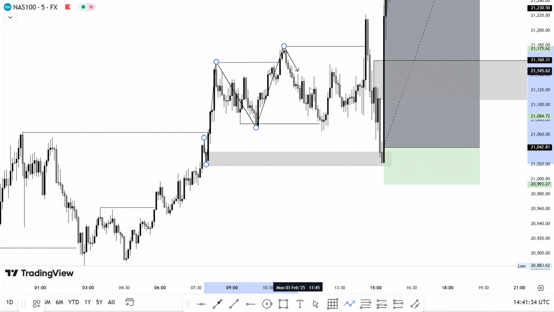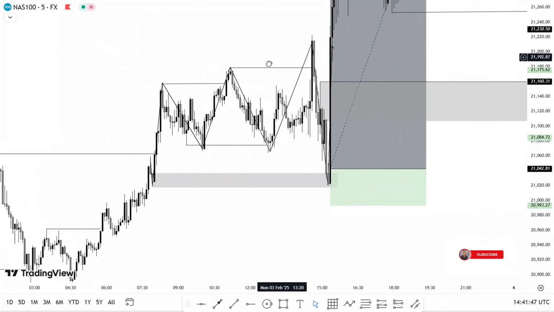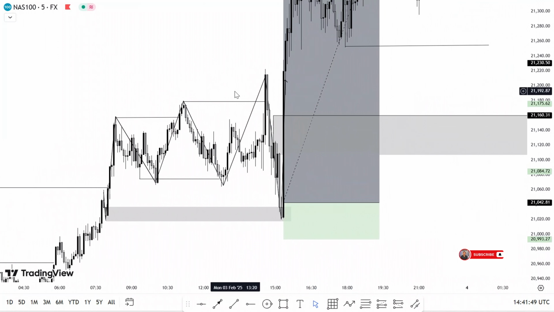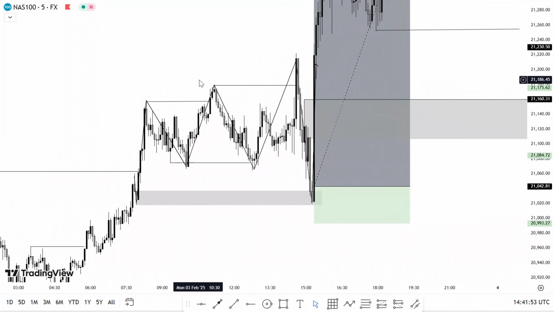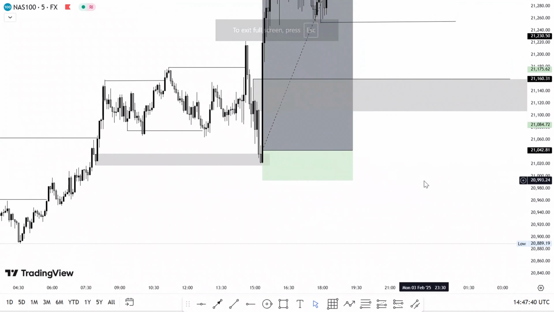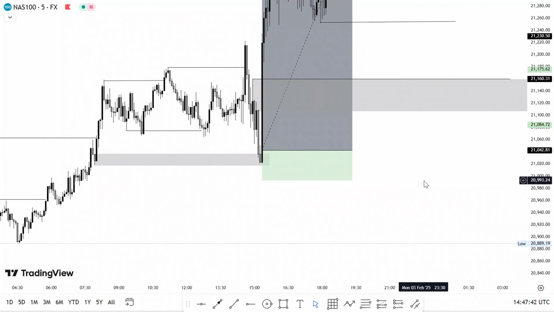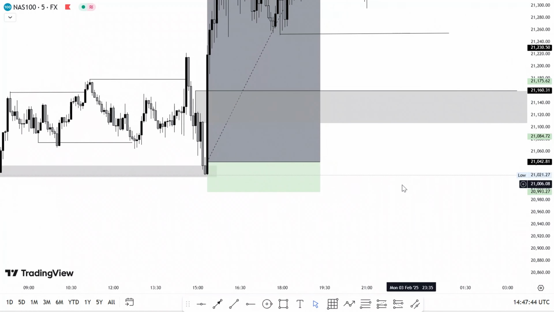But the market came down, swept liquidity, and gave us another break of structure before coming down to this available order block and then going in its direction. So you see that it's exactly what I explained to you guys that a structural liquidity is.